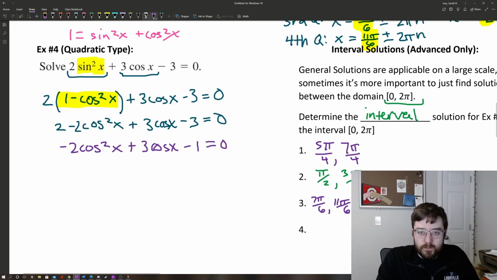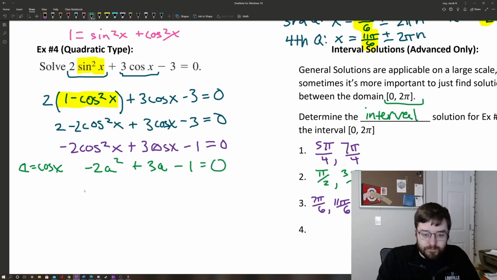We'll say A is equal to cosine. So lovely A. So negative 2a squared plus 3a minus 1 equals 0.